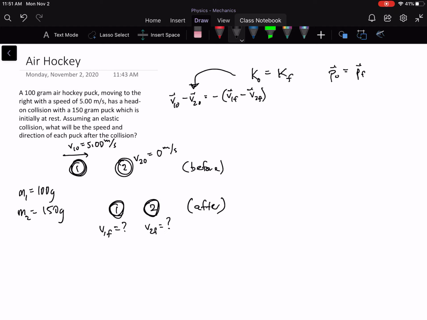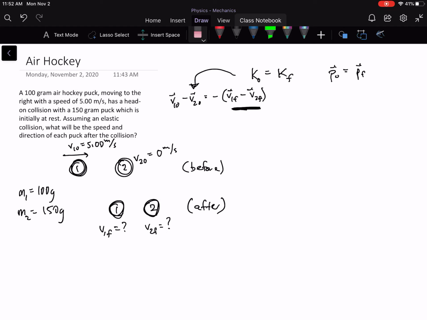Although we know what this is going to be in total, negative 5 meters per second, just because the initial relative velocity is 5 minus 0 on the left-hand side, it won't tell us specifically what each one of those is. So we're going to need to use at least one other of our tools to determine this.